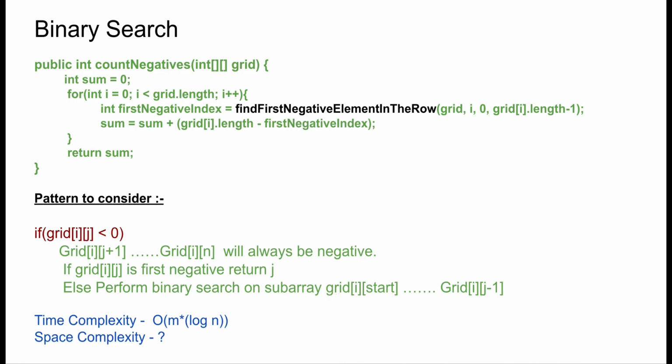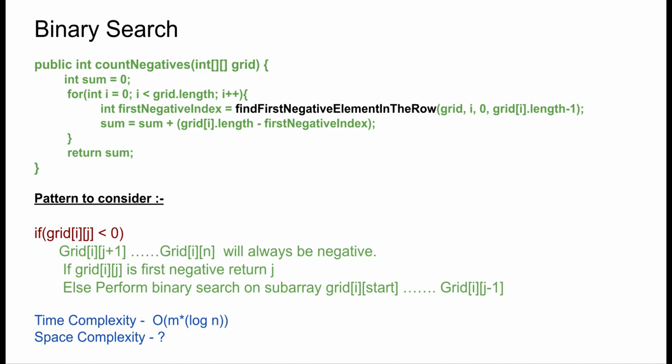Now let's talk about the time complexity of the solution. As discussed in my last lecture, the time complexity of performing binary search on an array of size n is order log n. If we want to perform binary search on m arrays of size n, then the time complexity becomes order m into log n.